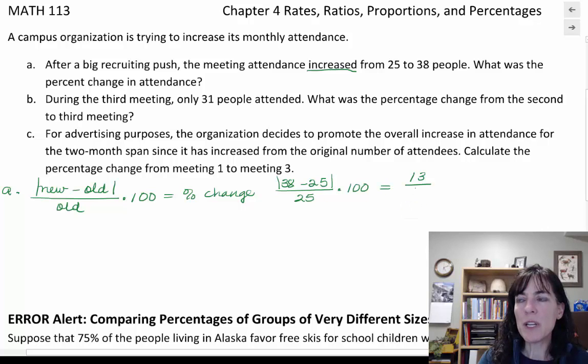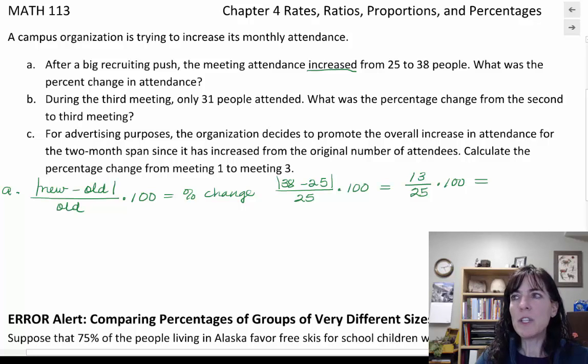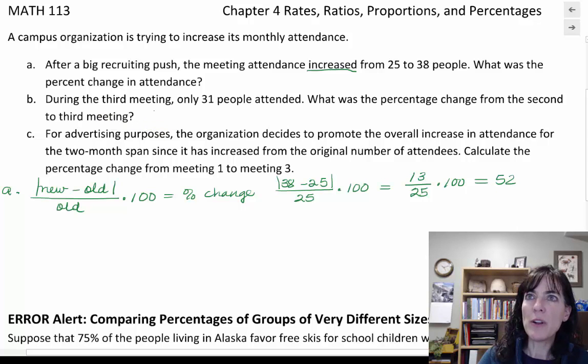So now I have 13 over 25 times 100. And when I multiply those, I have 13 on my calculator, so I'll just divide by 25 equals, and then times 100, and I get 52. So that means I have over here a 52% increase.